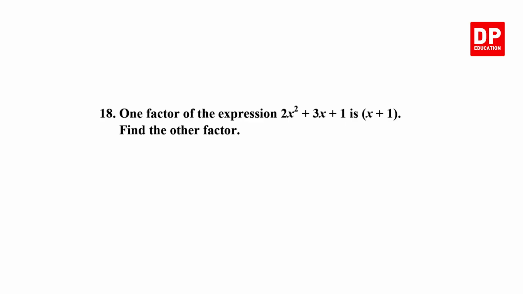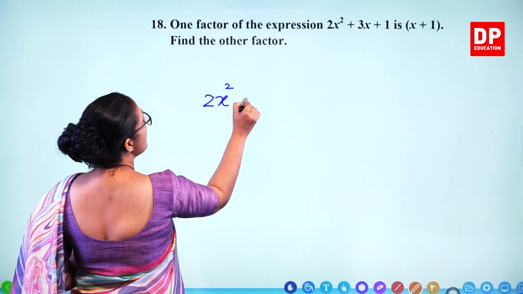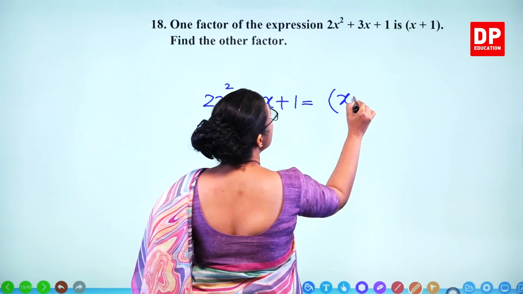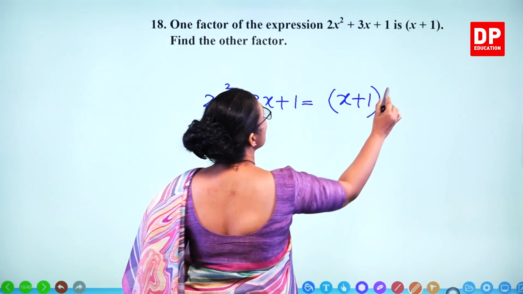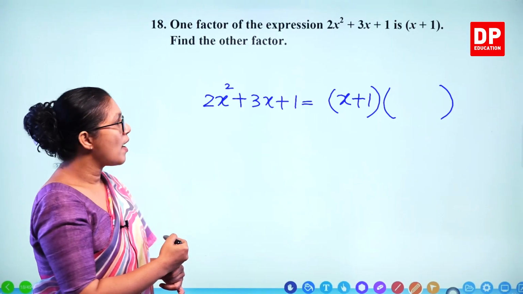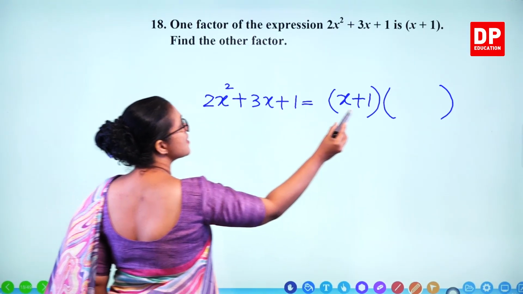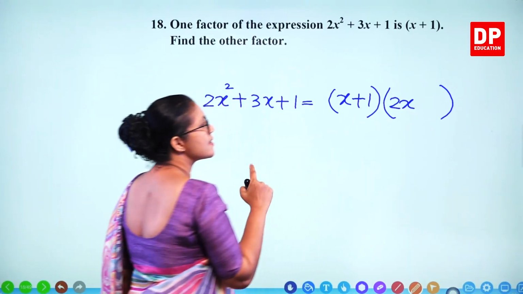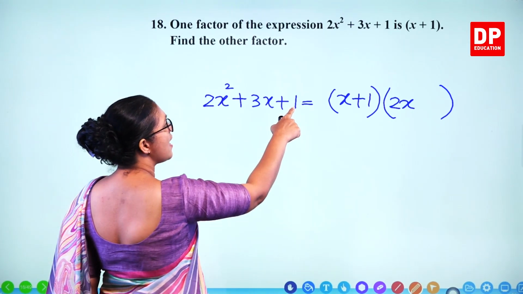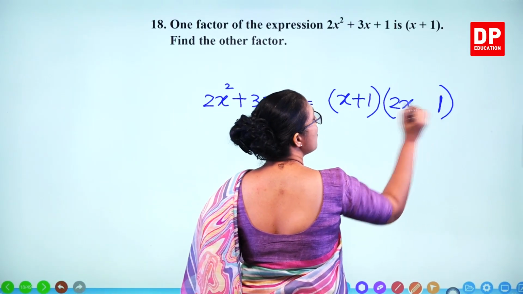Question number 18. One factor of the expression 2x squared plus 3x plus 1 is equal to x plus 1. We need to find out the other factor. So this is a quadratic one. X is there. How you get 2x squared from x? You have to multiply by 2x. 2x into x, 2x squared. Then look at the last one. You need to get 1. 1 is there, so this should be 1.